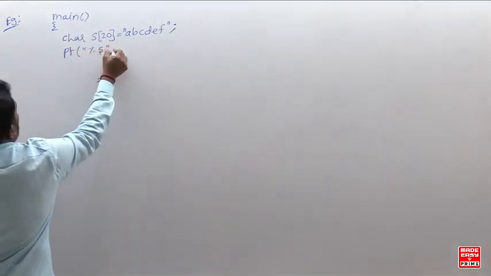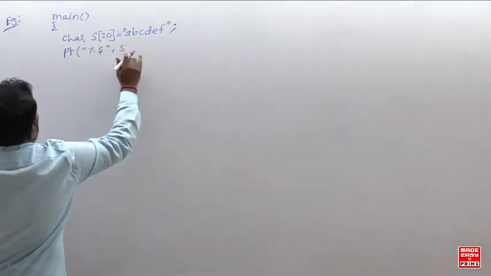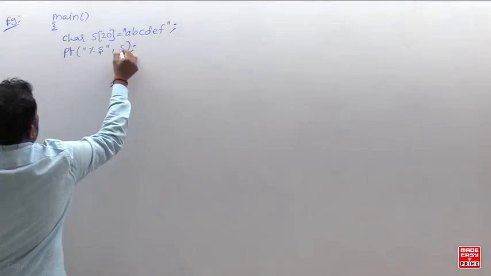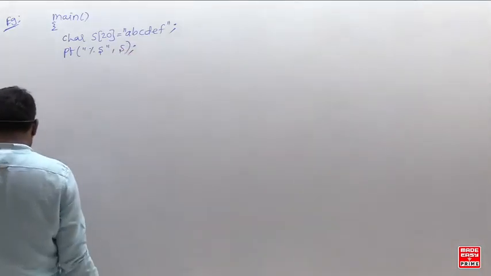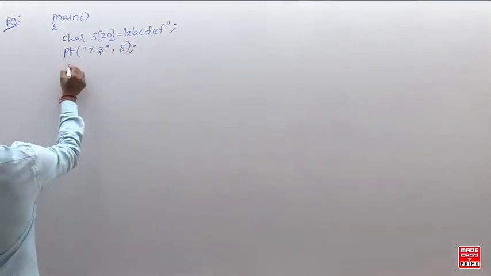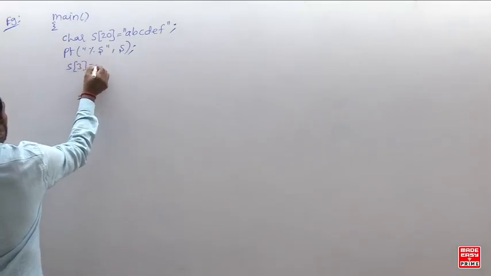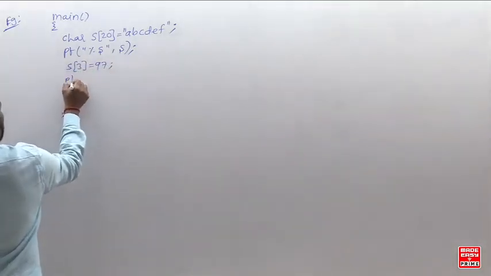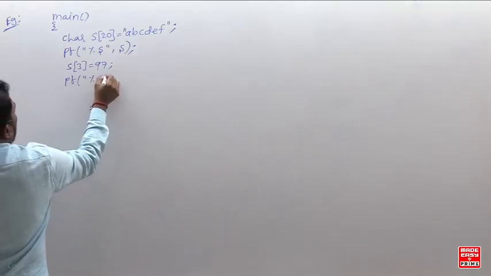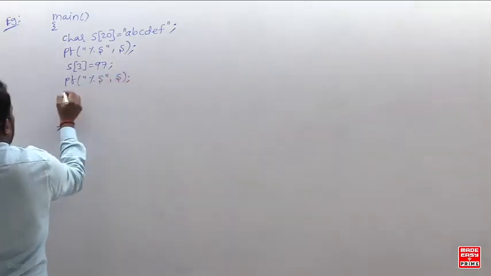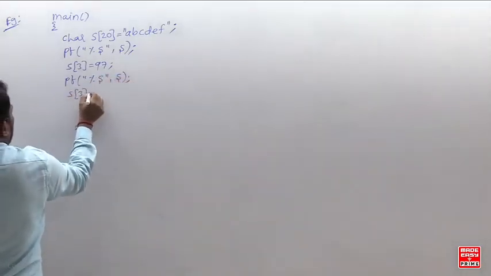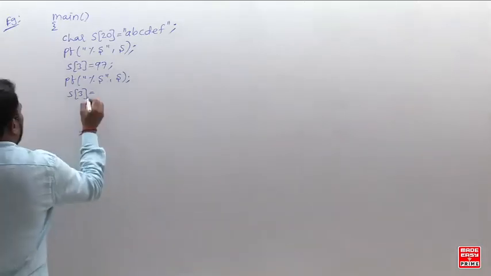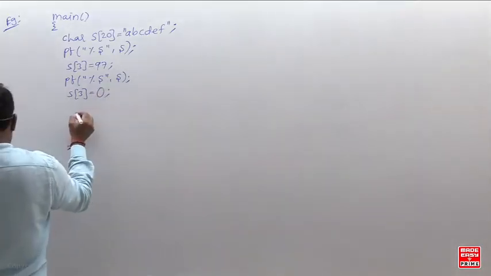printf percent s, s. s of 3 equal to 97. Copy fast. printf percent s, s. s of 3 equal to 0.